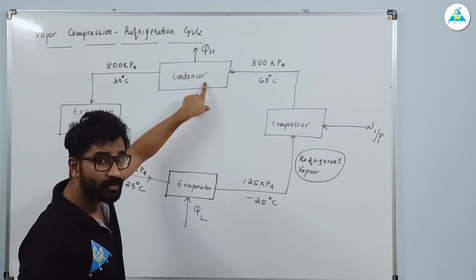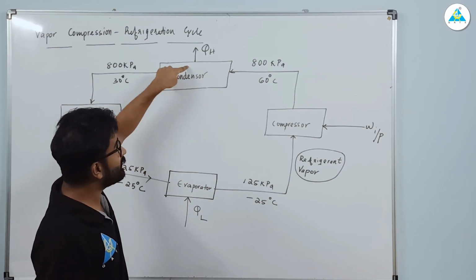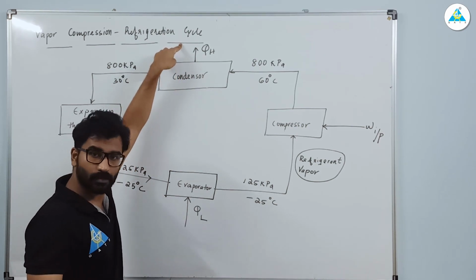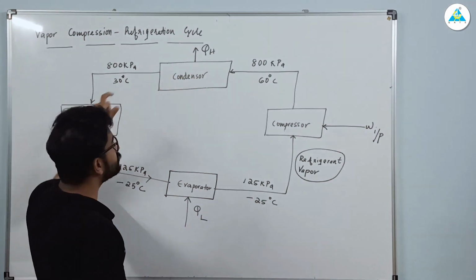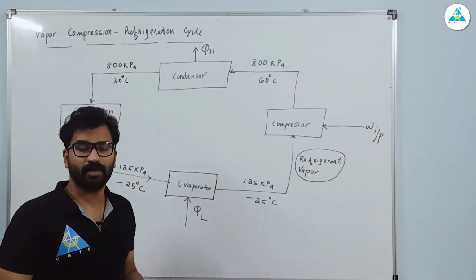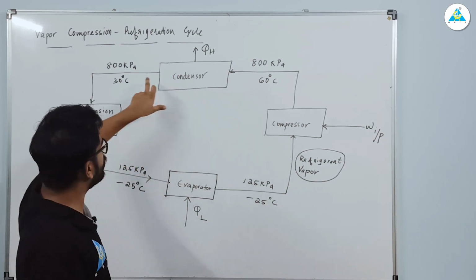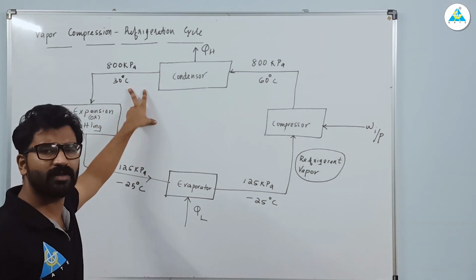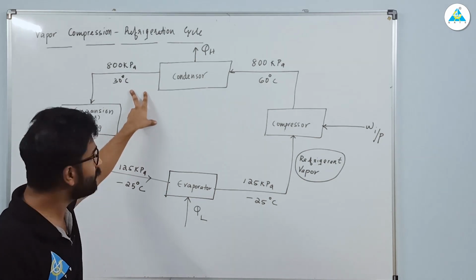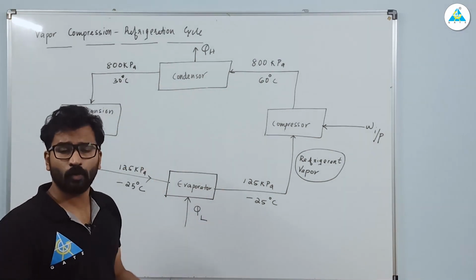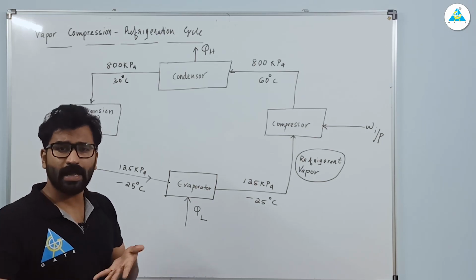So in condenser, what is happening? In condenser, we are releasing heat to outside. Clear? And we have a condensation process happening. Now, if you are asking me why I have shown some temperature difference, simple thing here: if there is condensation, there will be some difference between your sensible heat and your latent heat.